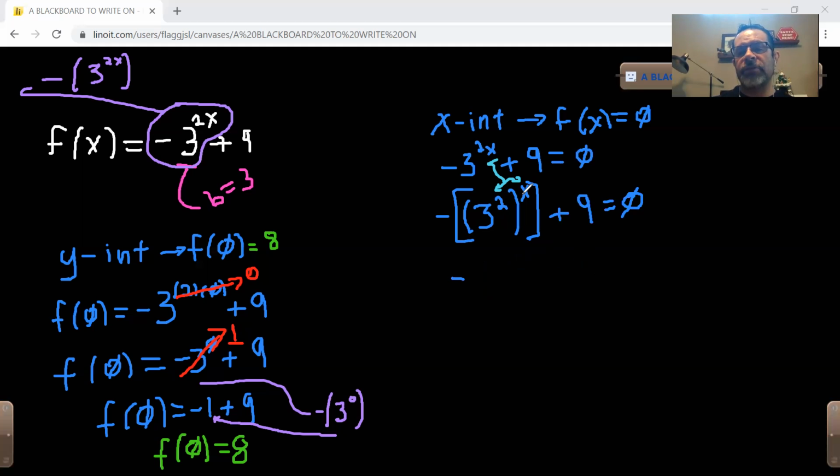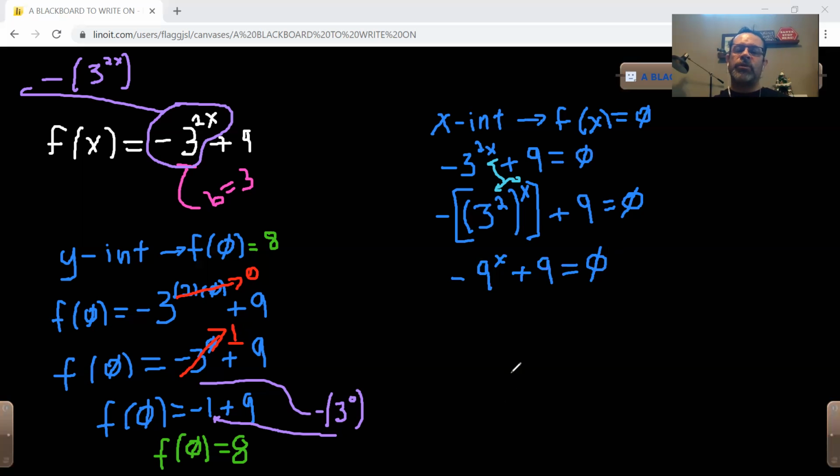So 3 elevated to the 2 is 9, and it's elevated to the x. So this is the same as having 9 to the x plus 9. And this is equal to 0.